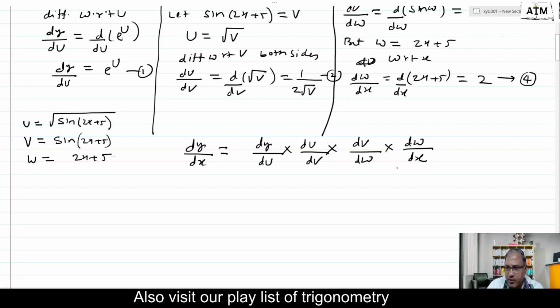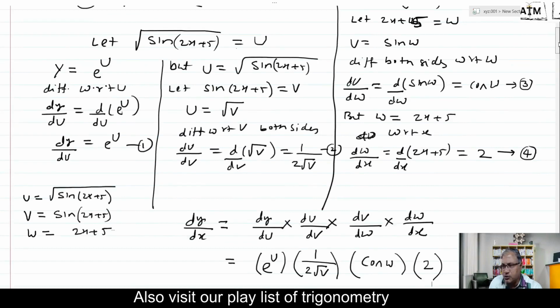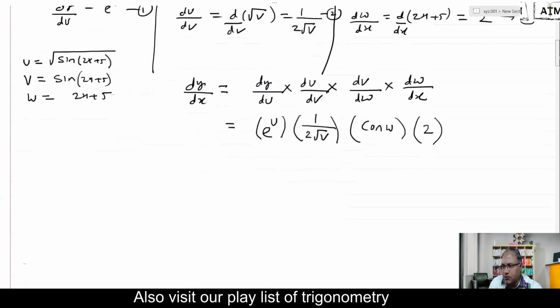That means we are multiplying all four results. Now dy by du is e raised to u, du by dv is 1 upon 2 root v, dv by dw is nothing but cos w, and dw by dx is nothing but 2.